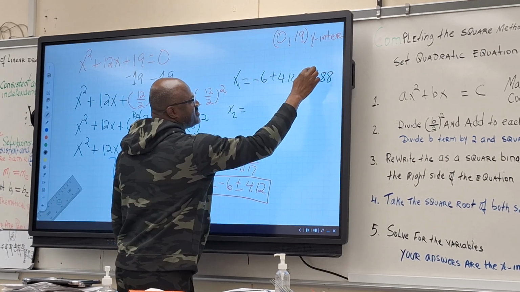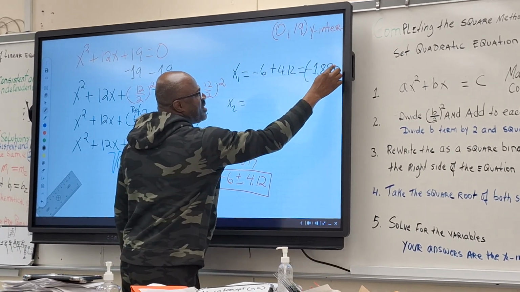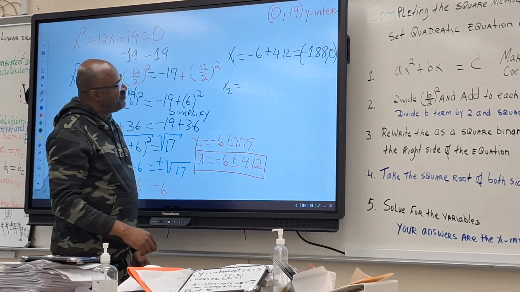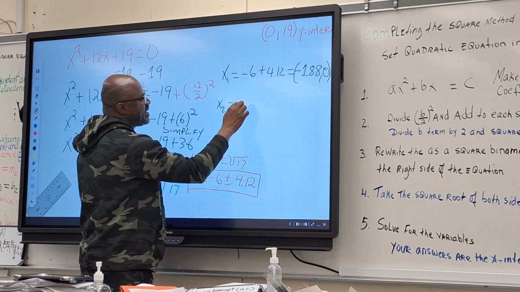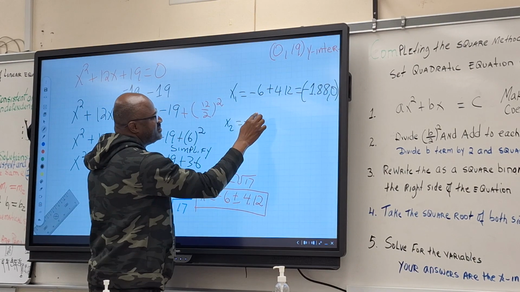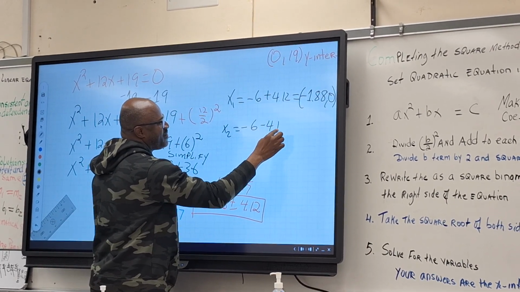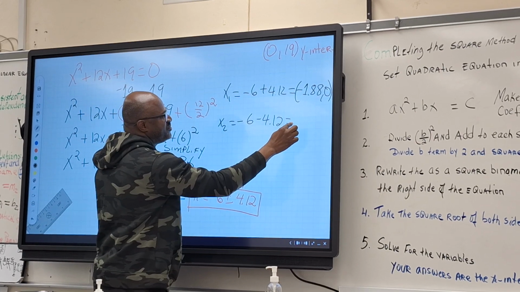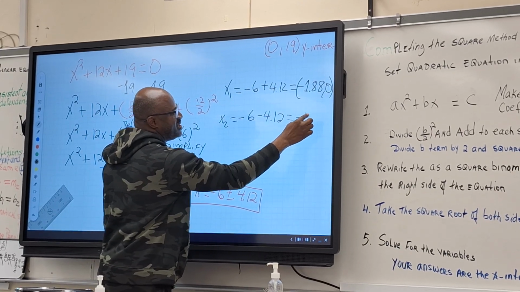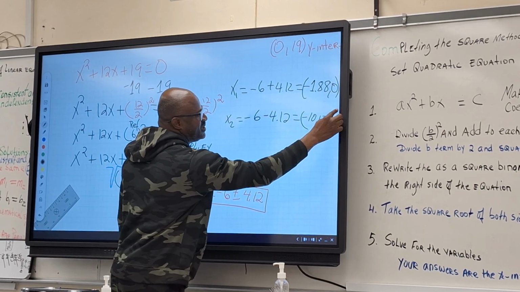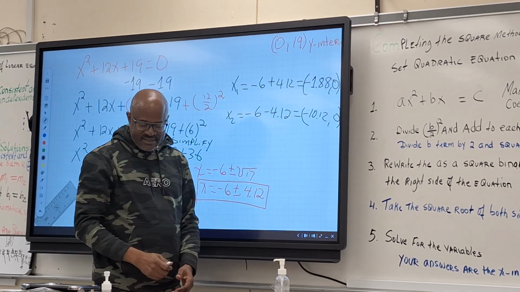That is your first x-intercept, and y is automatically 0. Alright? For this second one, it will be negative 6 minus 4.12. This will give you negative 10.12. Right? Those are our x-intercepts.